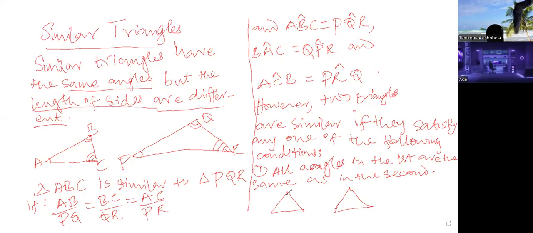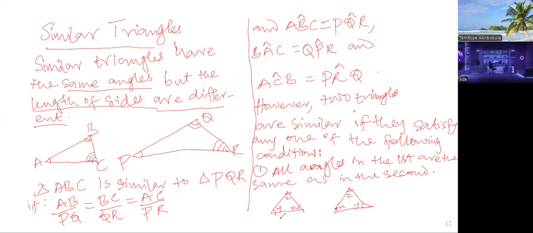If this is Z, this will be Z. Or Z can be any other place. If this is Y, this can be Y. If this is X, this is X. Is that clear? All angles are the same.